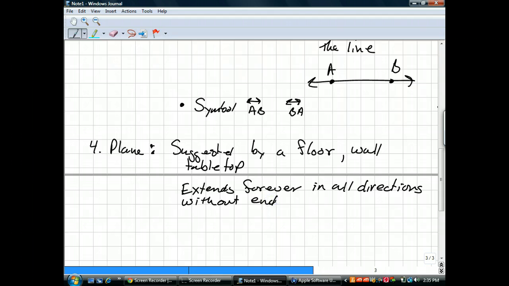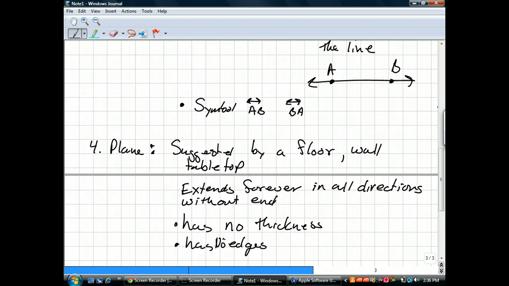And a plane has no thickness. It also has no edges.